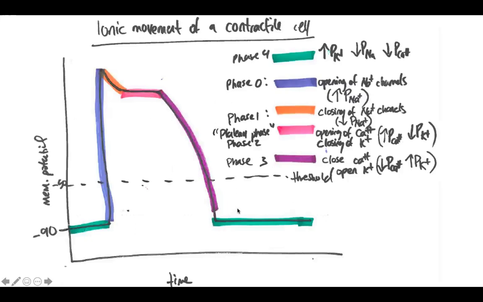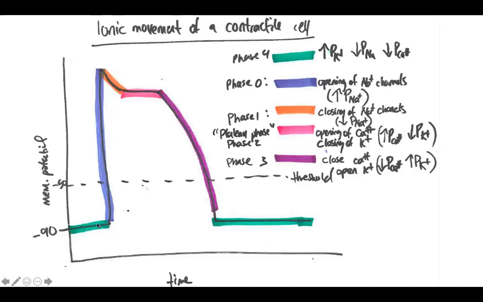Okay, let's illustrate the event of that contractile cell ionic movement here again. So we're starting slightly more negative. So a contractile cell differs from a pacemaker cell in that we start off with a more negative resting membrane potential. We then open up our sodium channels, which is phase 0 here in blue.